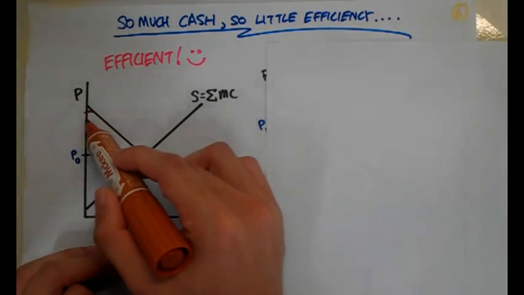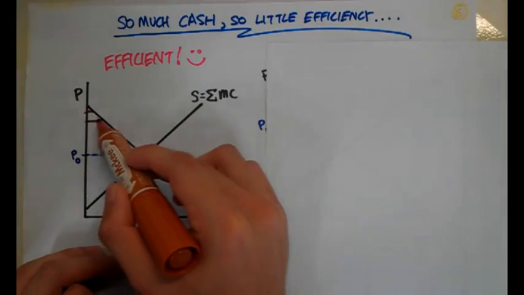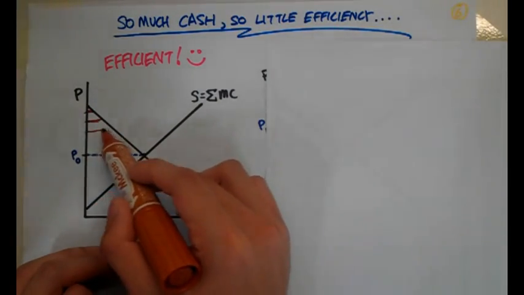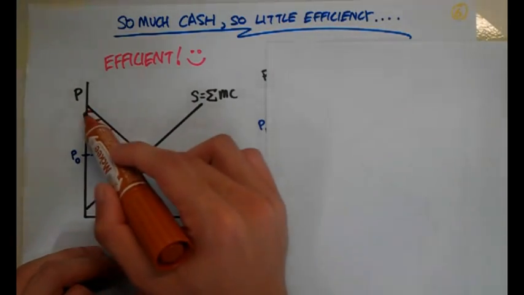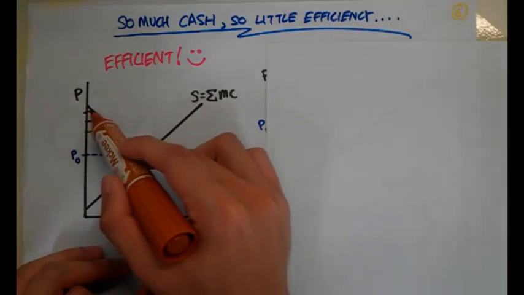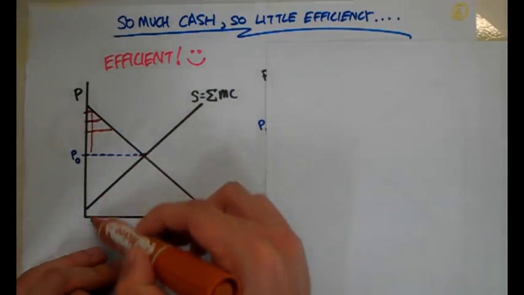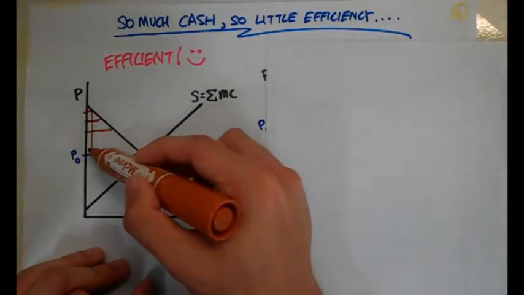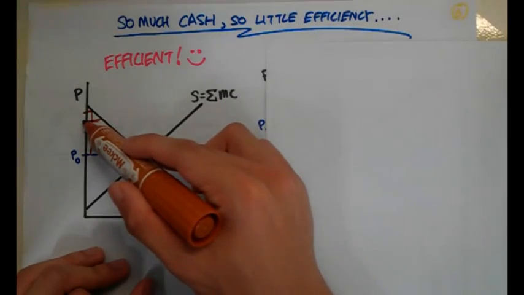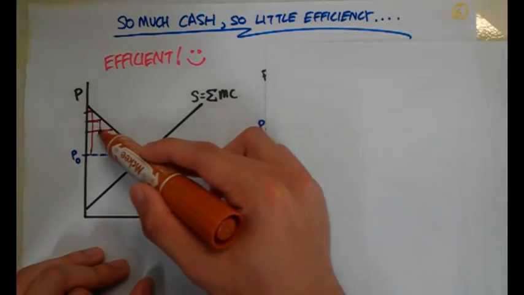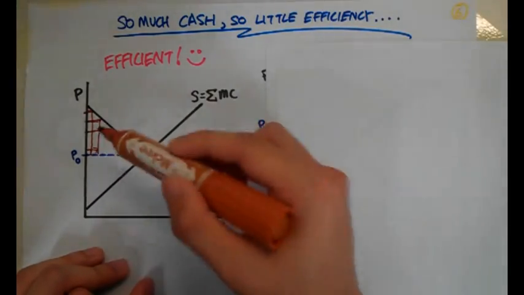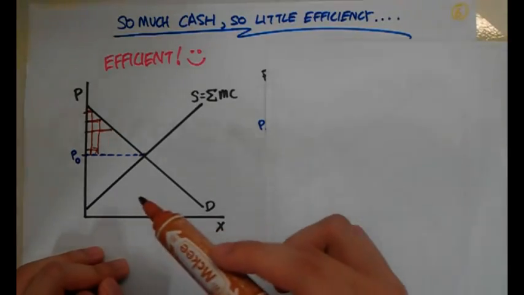There are also some people who are willing to pay at this price. And there are also some people willing to pay at this price. So how many people are willing to pay at this price? It is this amount. You bring it down to the x-axis, and it will show you this is the amount. Same thing for this price.